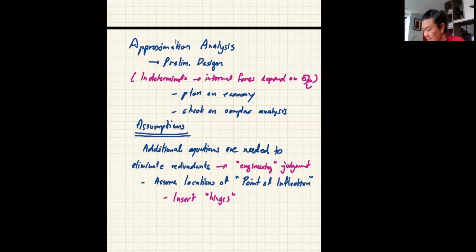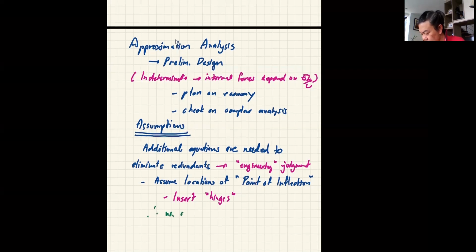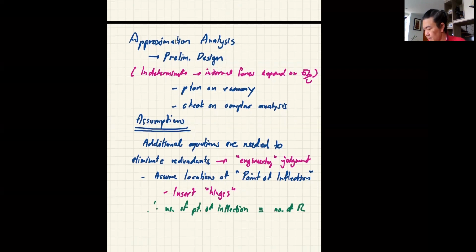Right, so we can safely say that the number of points of inflection should be equivalent to the number of redundants. Okay, but oops, sorry.